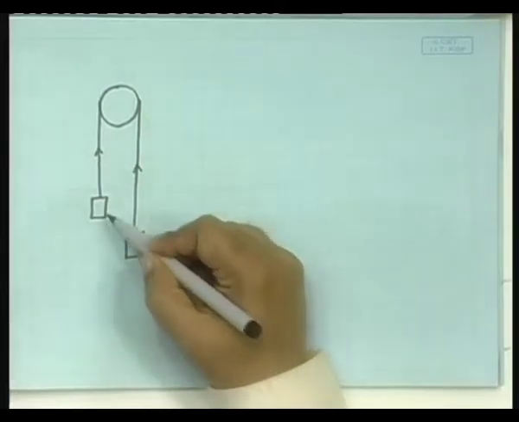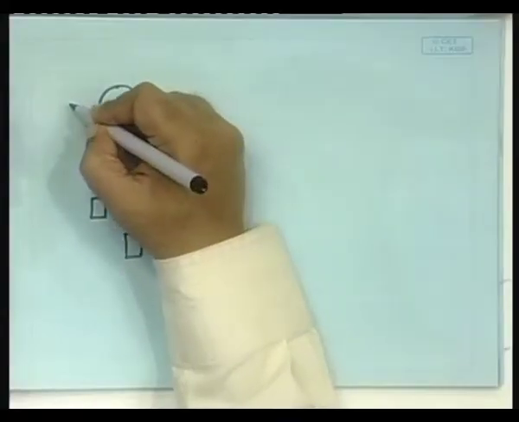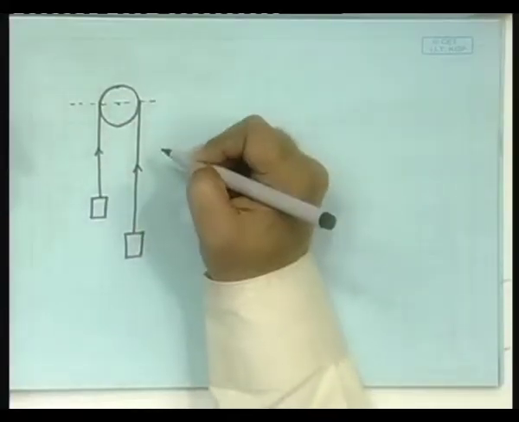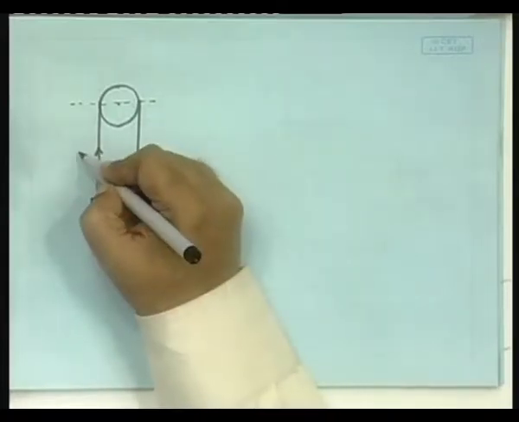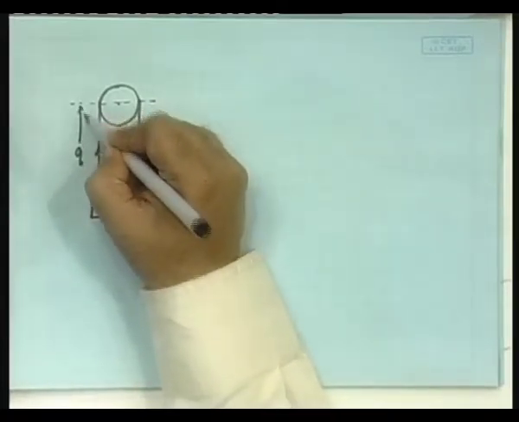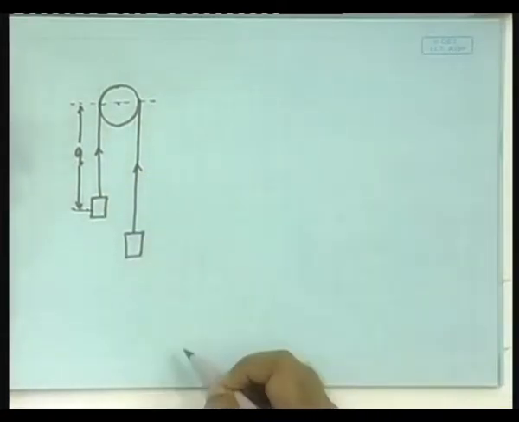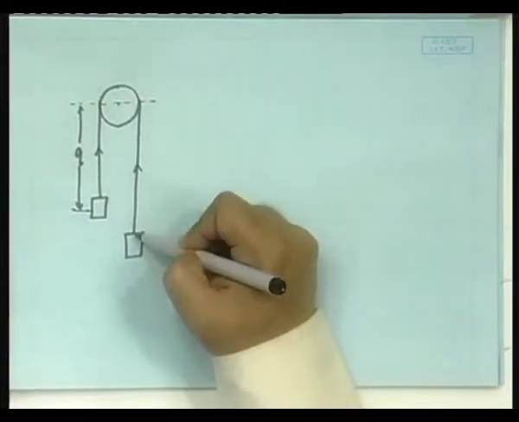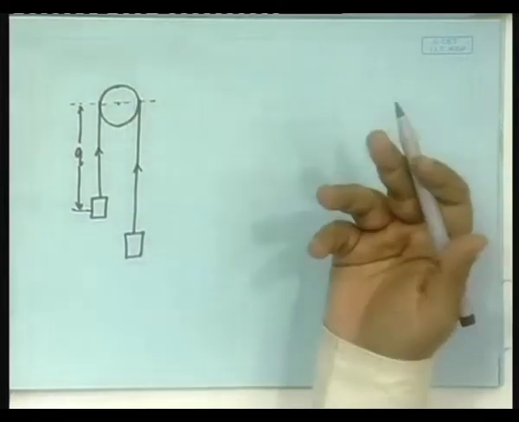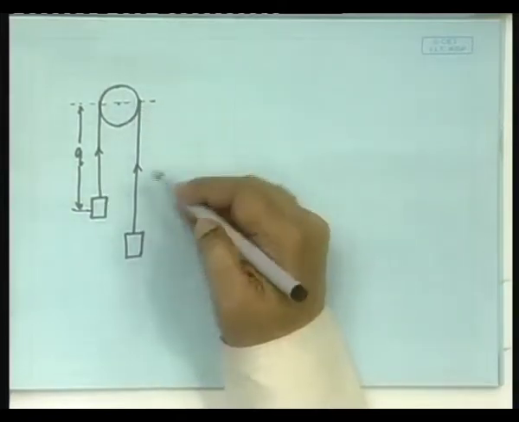So, both these positions are given by just one coordinate, and let that be starting from say this position. We can say this is Q. If the total length here is say L, then this becomes L minus Q.